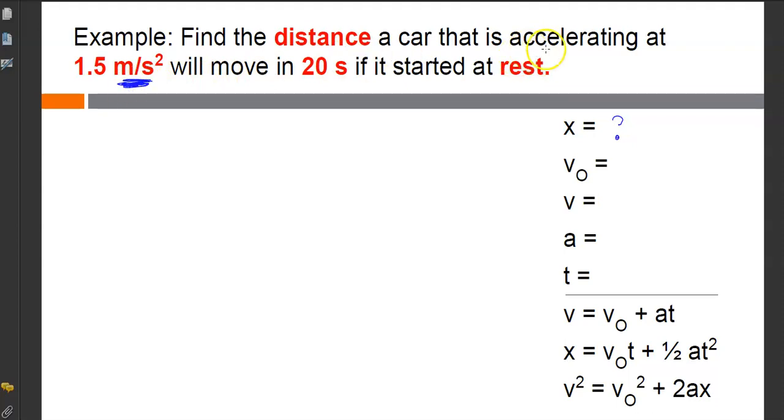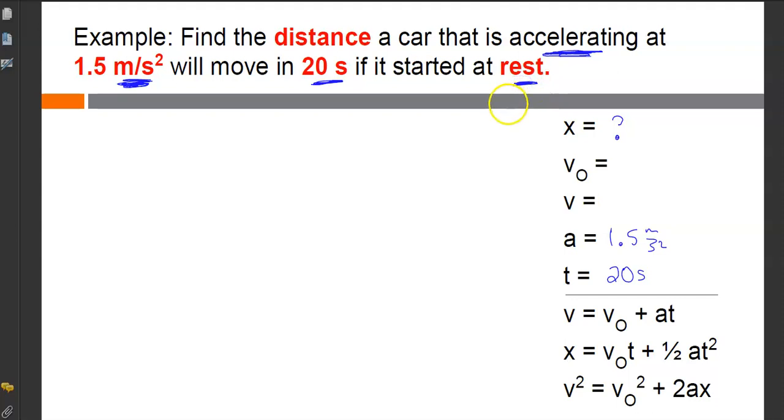I know that's the acceleration. The problem also tells me it's the acceleration. So I feel pretty safe coming in here and going 1.5 meter per second squared is my acceleration. Right here, 20 seconds. Seconds measures time. So I'd put that in the list for T. Okay? This one right here is one you kind of got to watch out for.